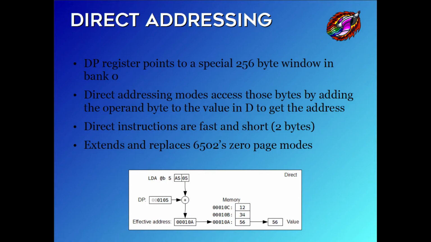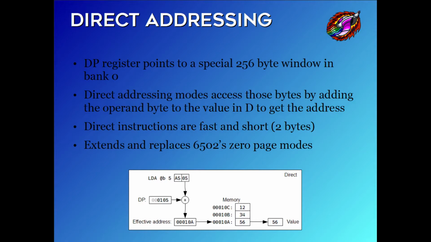Direct addressing instructions are typically the fastest of the instructions operating on memory locations on the chip. If you're familiar with the 6502, direct page is really an extension of the 0-page mode that you may be familiar with, and it replaces it. So all of the instructions that were 0-page instructions are direct instructions on the 65816.